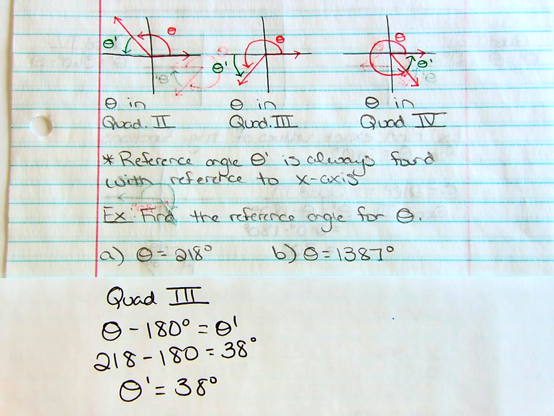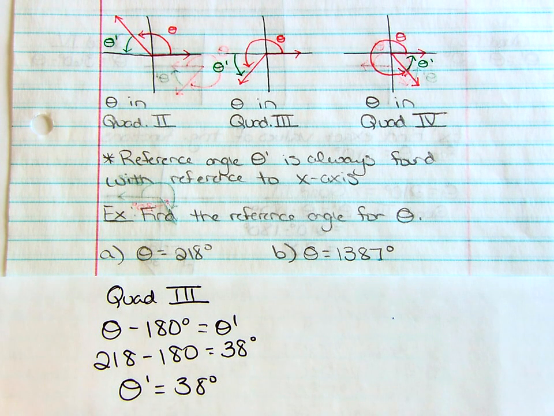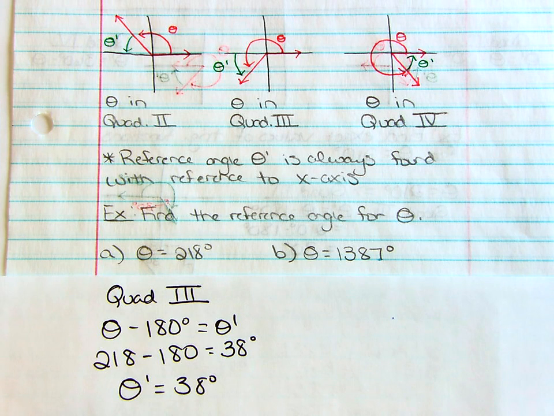Now that's really nice when our theta is between 90 and 360, but when theta looks like B, where it's 1,387 degrees, I don't know about you, but looking at that straight off the bat, I don't know what quadrant that lies in at all.